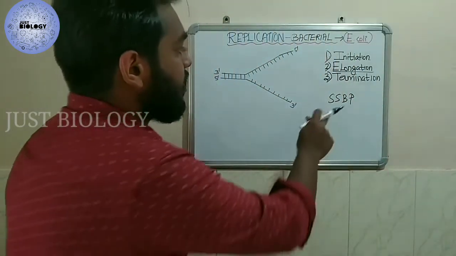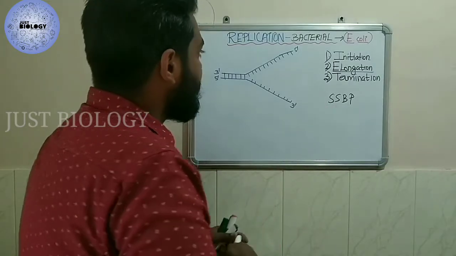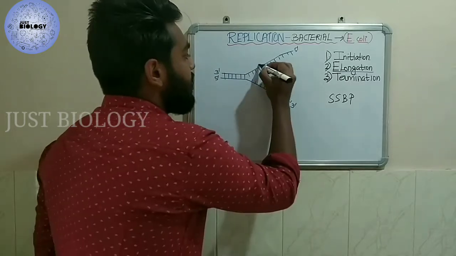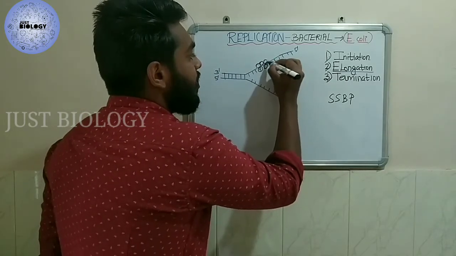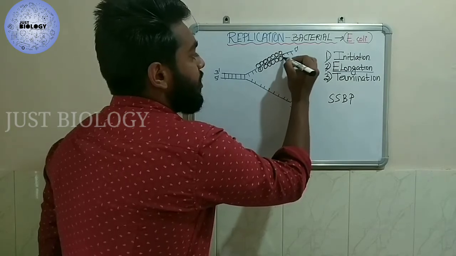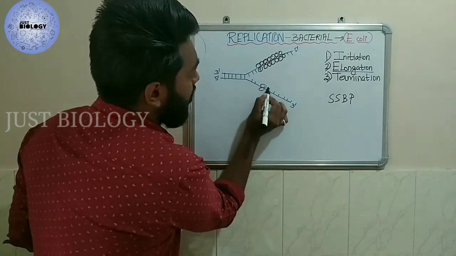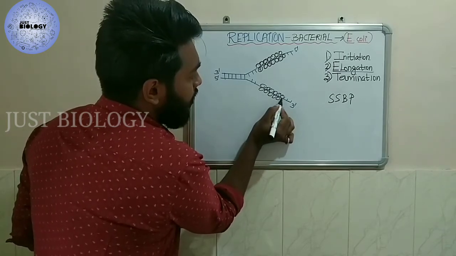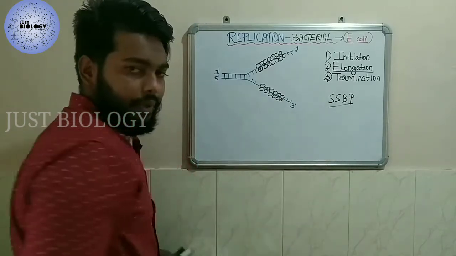You can see many copies of SSBP over the strands, because the strands tend to form a double strand of DNA again. So SSBP will not allow the strands to rejoin. That is the function of SSBP.